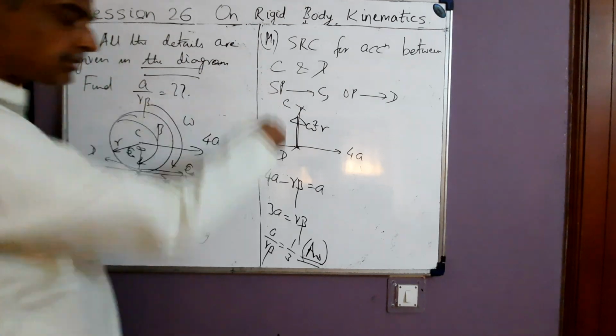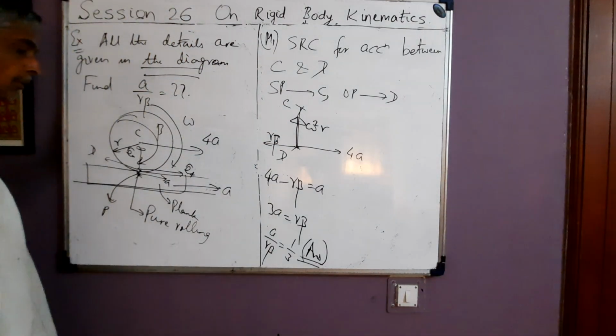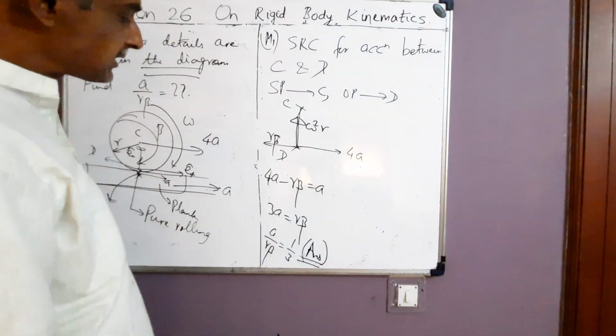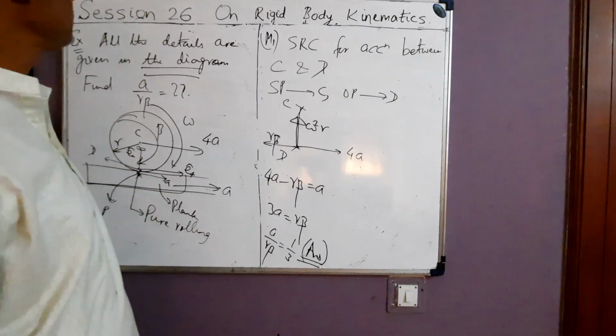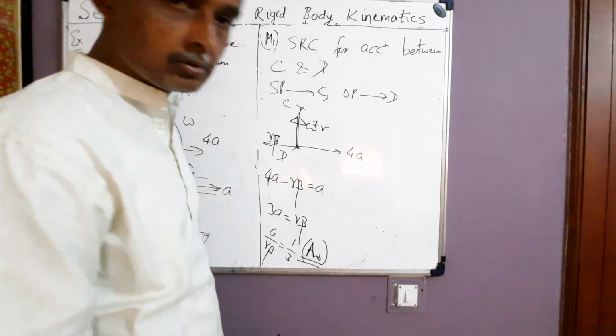This is solved in method 1. Now we can solve it in method 2 also, using the concept of relative normal acceleration by separation, as discussed in the 25th video on rigid body kinematics.